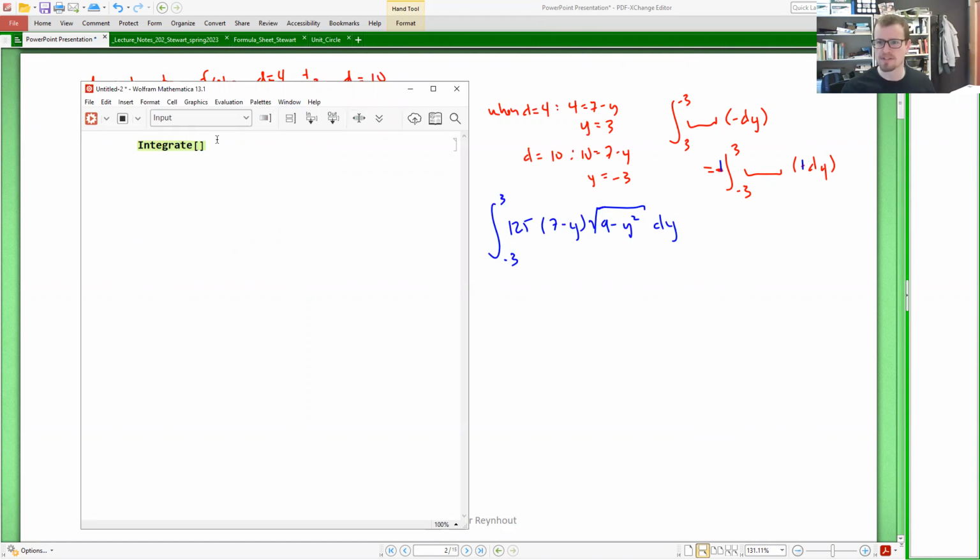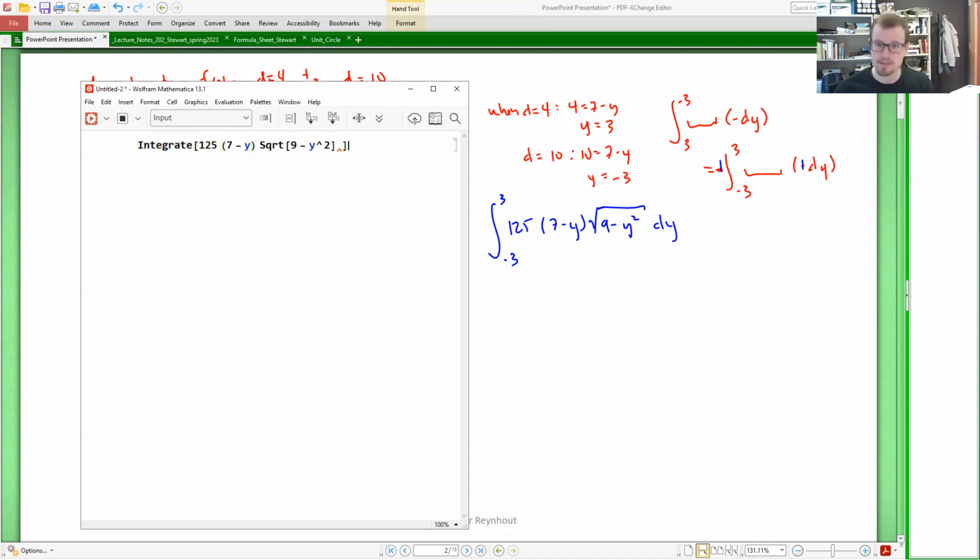So we want to integrate 125 times 7 minus y times the square root of 9 minus y squared. So that's what we're integrating. Oh, and I managed to write y minus y instead of 7 minus y. 7 minus y and 9 minus y squared.